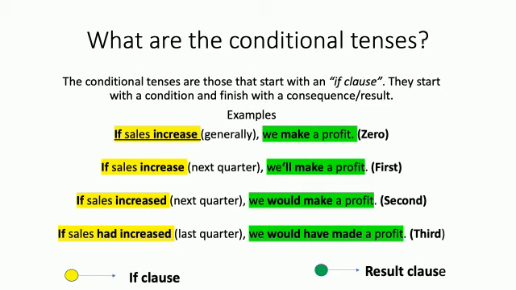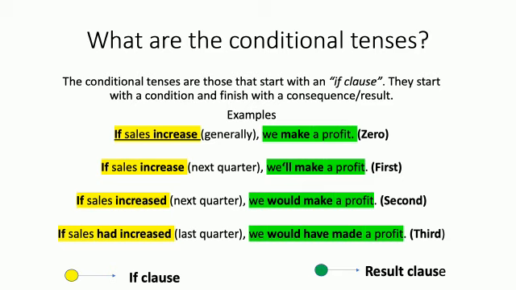Alright? Well, if sales increased, we would make a profit. Also, here we are talking about next quarter, الثلاثي القادم. So the same for first and second conditional.